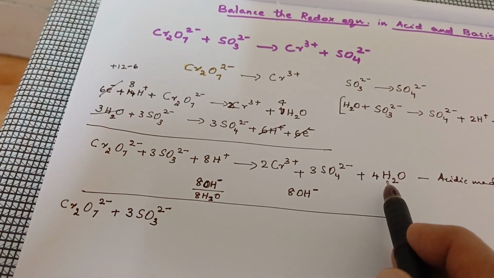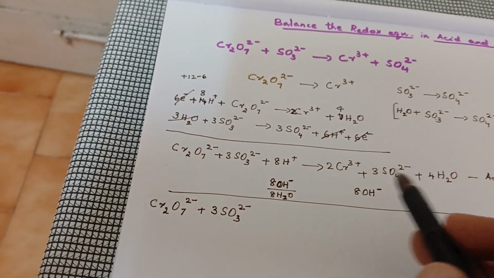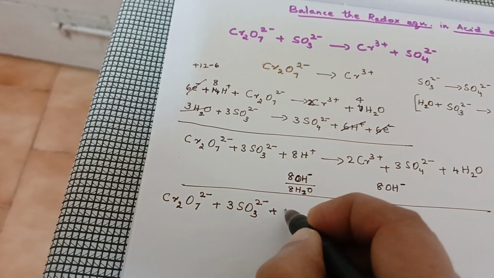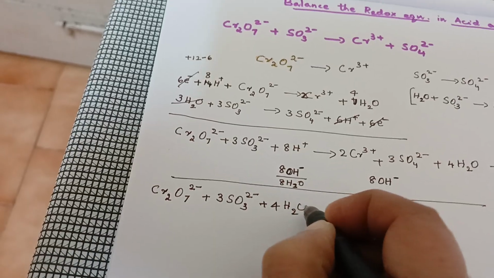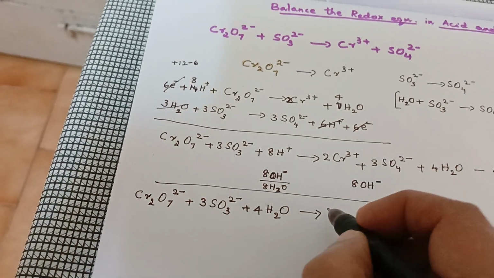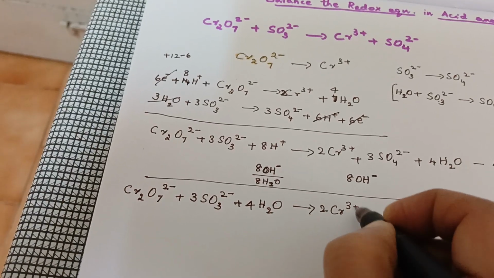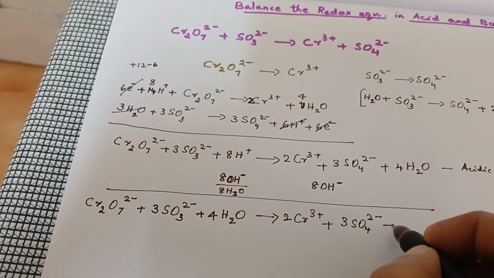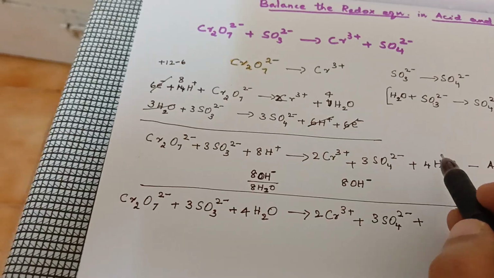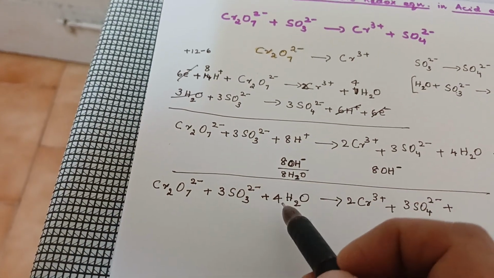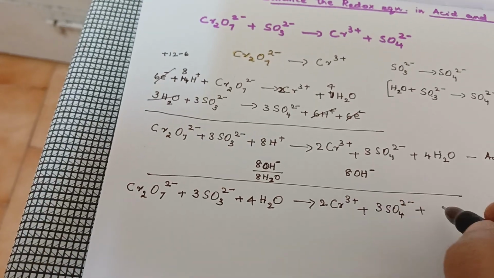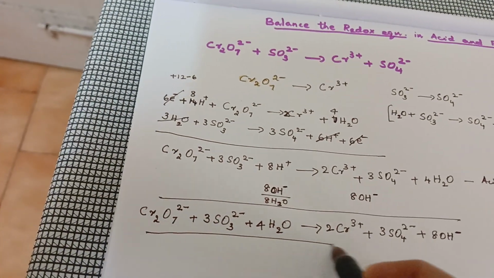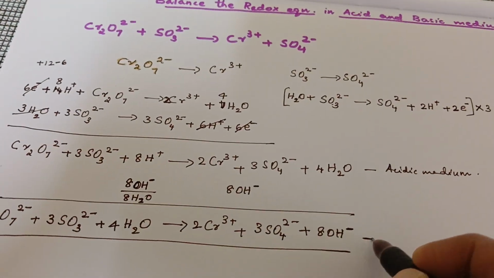But on the right hand side there are 4 water molecules, so we can subtract this 4 from 8 and write 4H2O here, and proceed to 2Cr3 plus plus 3SO4 2 minus. This H2O is gone from here because we have subtracted it from the 8H2O and wrote 4H2O here. Then we write 8 OH minus here.